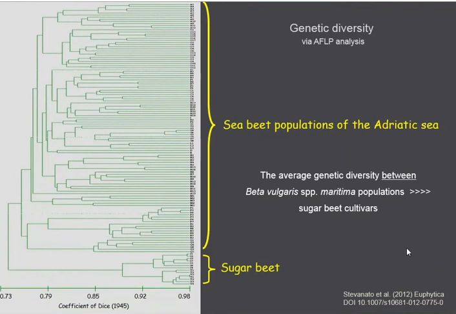So if we look at AFLPs back in the day, amplified fragment length polymorphisms, you can see from this particular graphic that the sugar beets form a distinct clade from the sea beet, which is another name for the wild beet. And these are just populations in the Adriatic Sea.